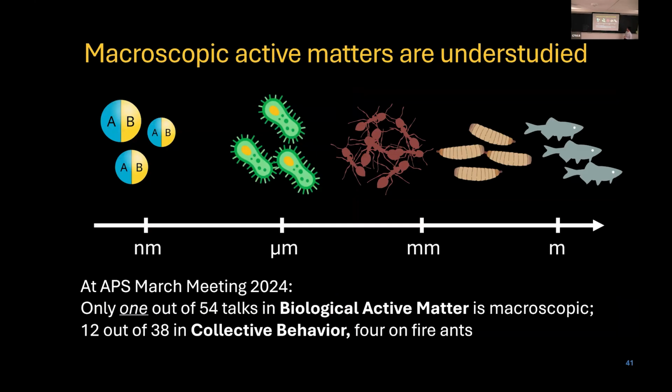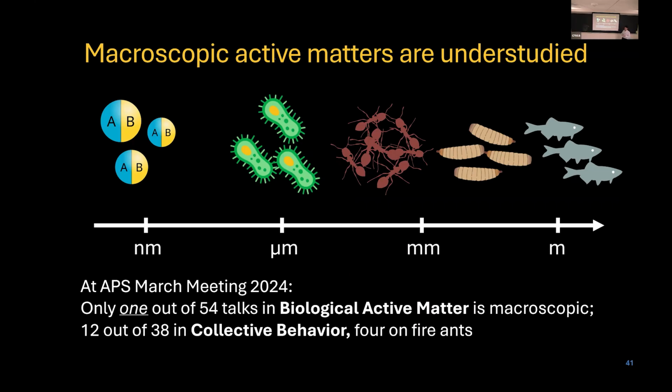However, what I realize is the active matter community, which I really love, hasn't looked at the macroscopic domain as much. A lot of us really want to use fish schools and bird flocks as opening, motivating examples of active matter. But really, in the Marsh meetings, this is one of the examples: when you just look at all the talks that happen, only 1 out of 55 talks are in macroscopic domains.